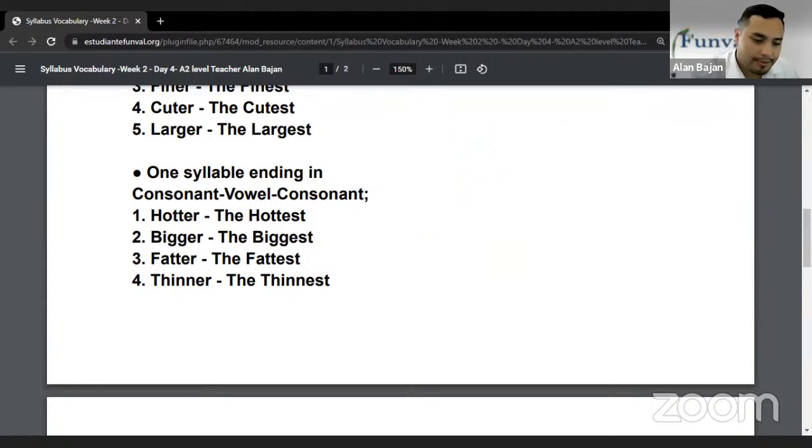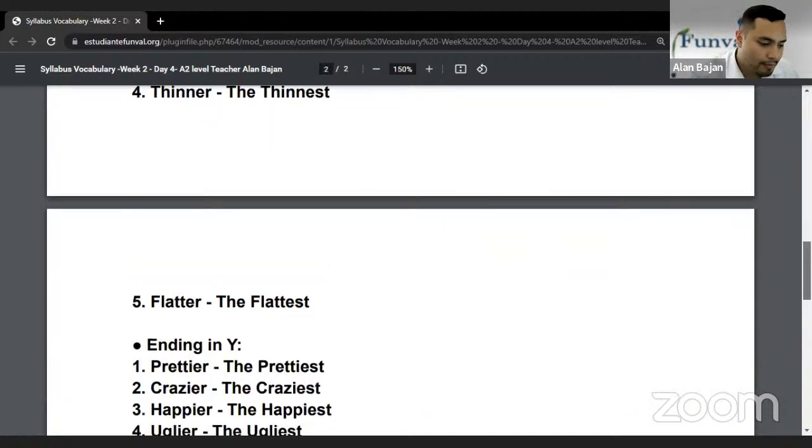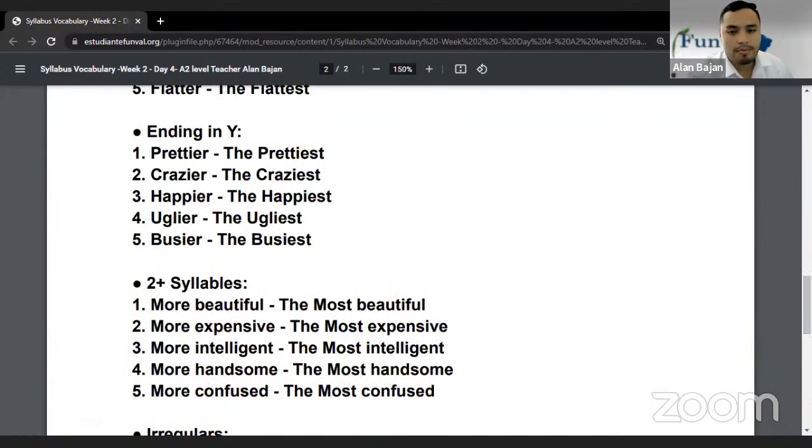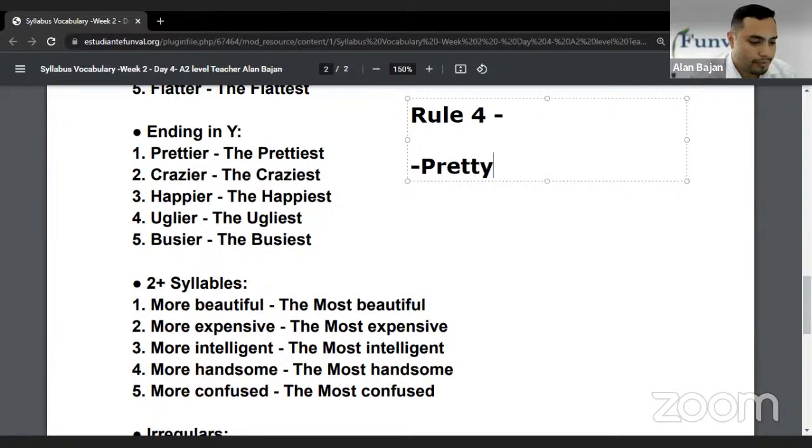Then we have another rule. The next rule says that I have adjectives ending with Y, like pretty, crazy, ugly. What is the letter Y?